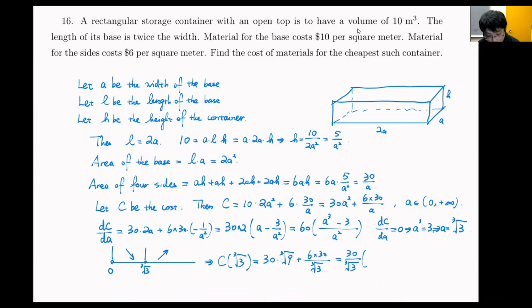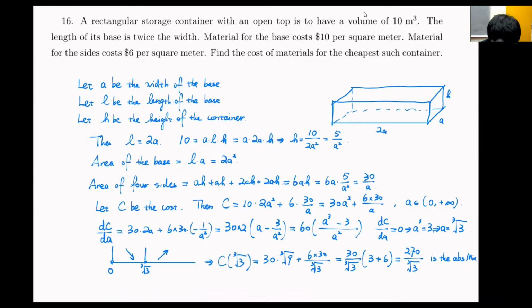Then the cube root of 9 would become the cube root of 27. The cube root of 27 is simply 3. The second term after the factorization is left with a 6. So 3 plus 6 is equal to 9, and 9 times 30 will be 270. So 270 divided by the cube root of 3. So this is the absolute minimum.